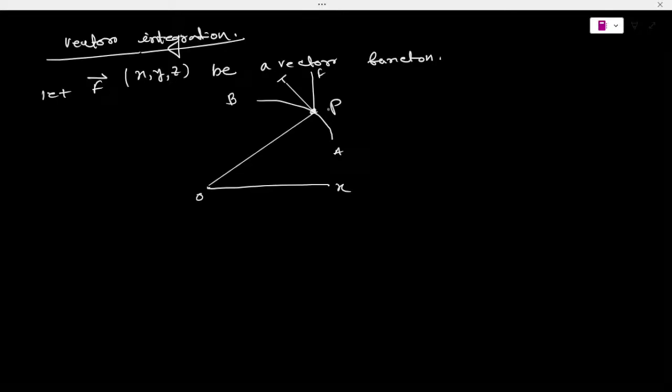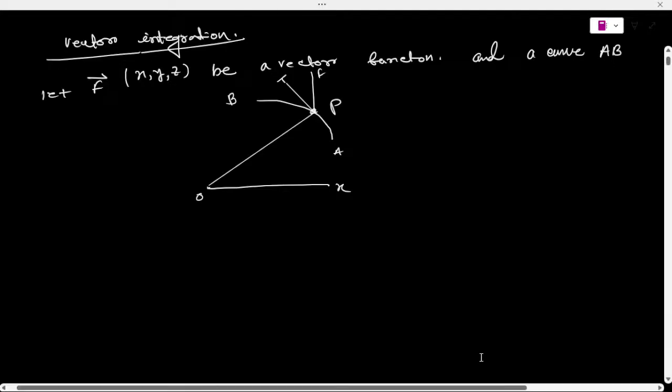So let f of x, y, z be a vector function and a curve AB. Clear?